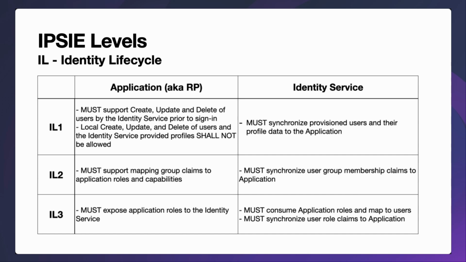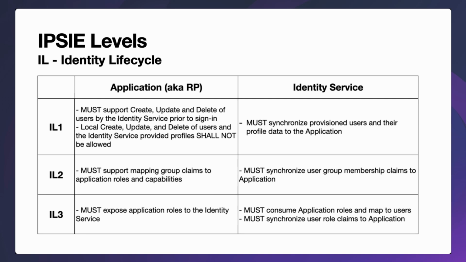In IL1, you're just managing users and deleting users. In IL2, you're starting to have groups. And so you have more granular control over who can do what, so that when you change membership in a group, that gets reflected to the applications as to what people can do. And so at the application, you map a group that's a horizontal concept in the enterprise to the vertical concept of what you can do at each application.